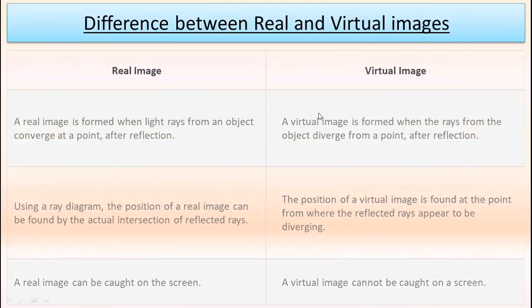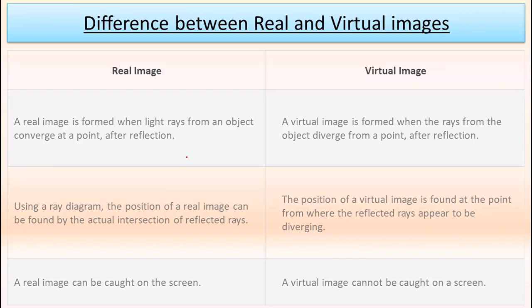Here we have a difference between real and virtual images. What are real images and what are virtual images? Real images are those formed by the actual intersection of reflected or refracted light rays, whereas virtual images are those formed by the apparent intersection of reflected or refracted light rays.